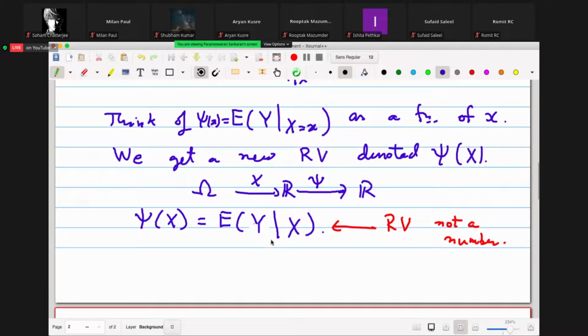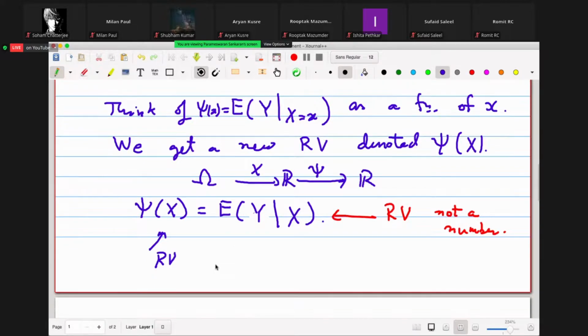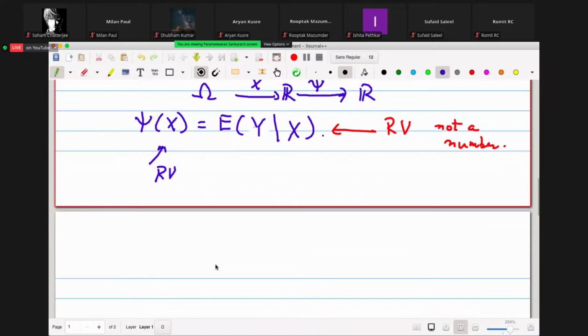It is the most meaningful, self-explanatory notation. I already told you this is a random variable, and it is denoted like this. Why is it denoted like this? What is the value of this random variable? This I should explain. When I say this is a random variable, it is a random variable on what probability space? I explain that on the next page.